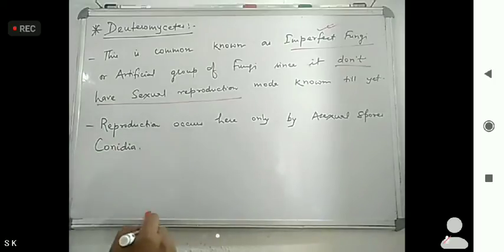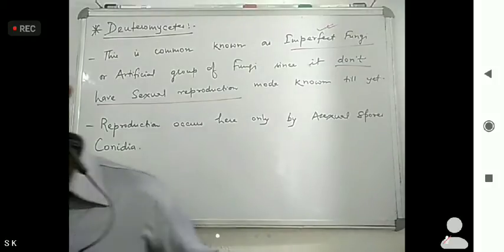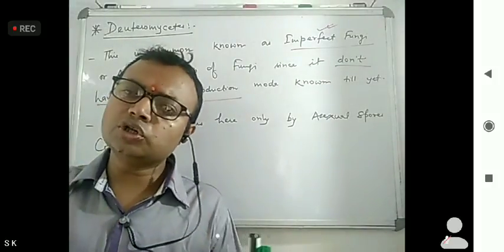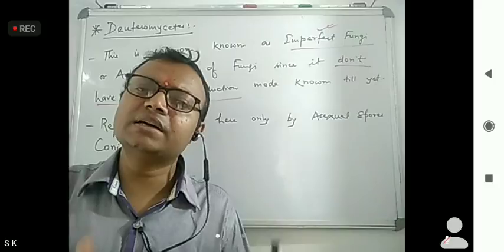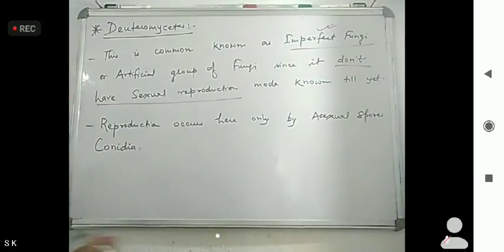Okay, that is having what? Asexual spores, conidia. Now here also mycelium is branched and septate.